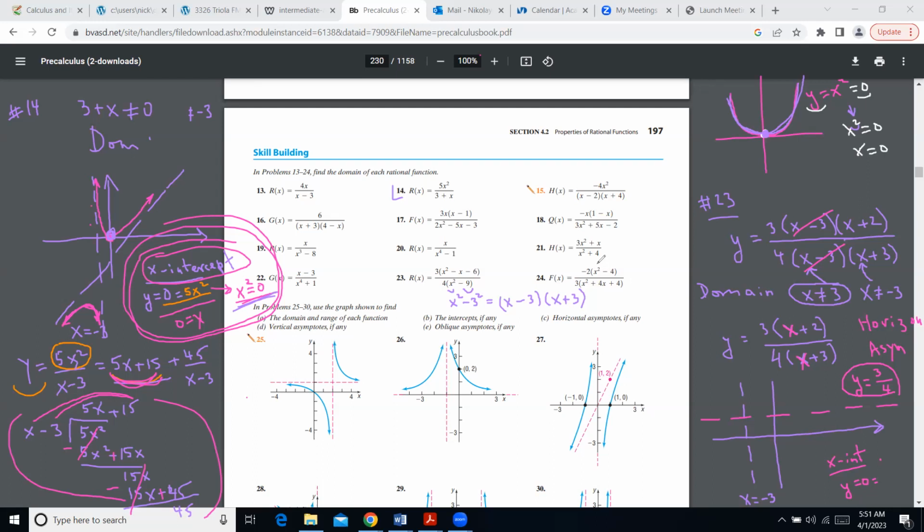And that means that I just need to worry about my numerator only equal to 0, which is going to be x plus 2, because the denominator is never 0. We just said it's not equal to 0 in our domain. So we just make sure that x plus 2 can be 0, or x is equal to negative number 2.